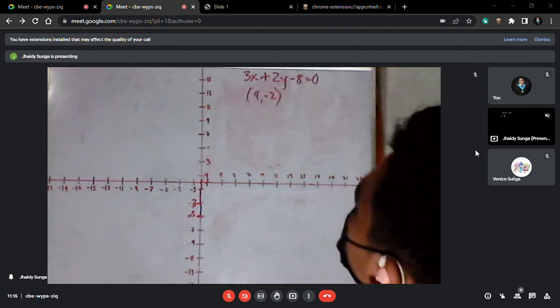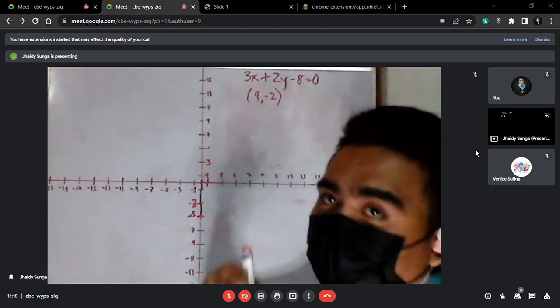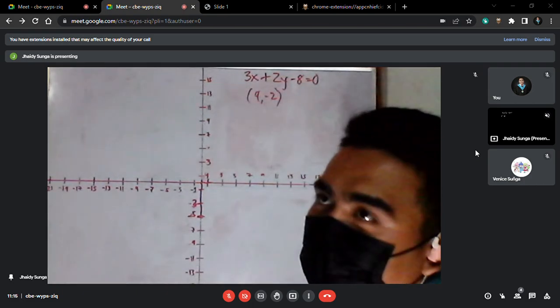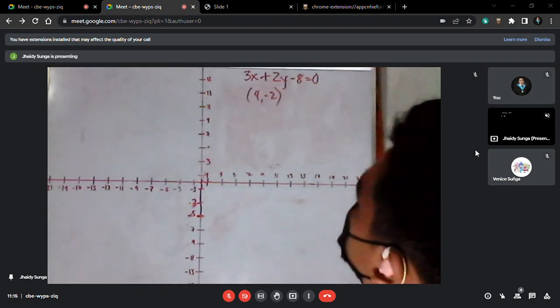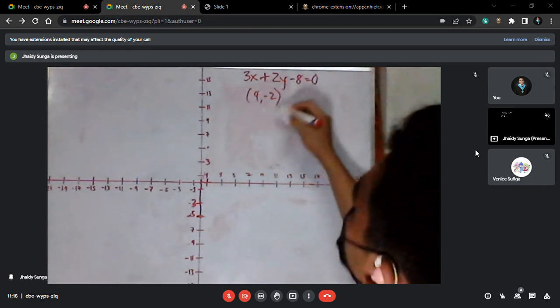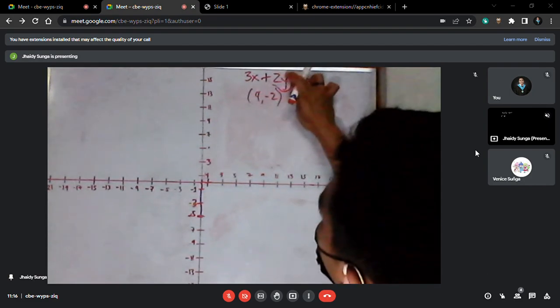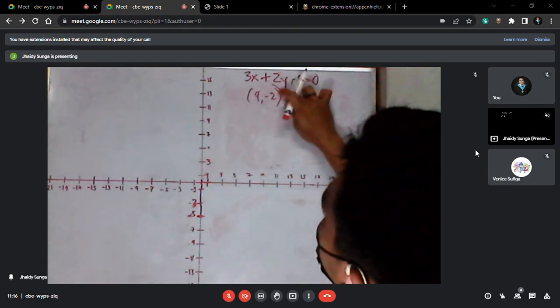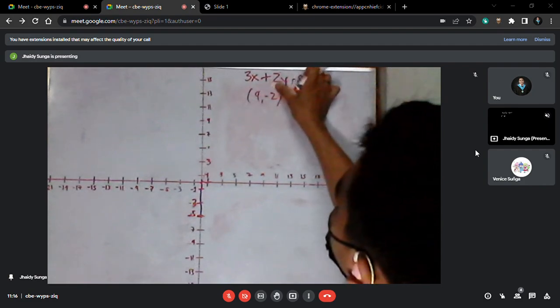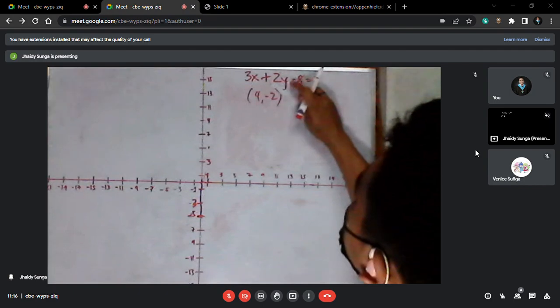So, if I will be doing this one, maybe you'll get shocked and ask me how did I get that one. What I will be doing is to get the y-intercept. What's our y? It's 2y, right? So, in order for us to get y, what are we going to do? Of course, we simply transfer all the given to the other side.